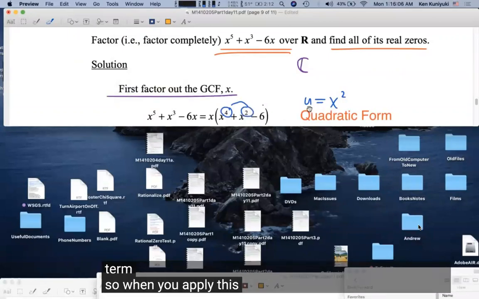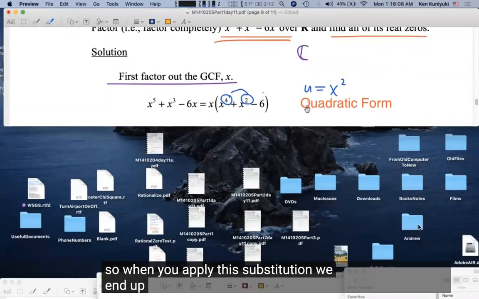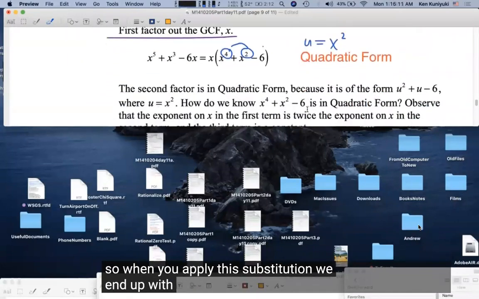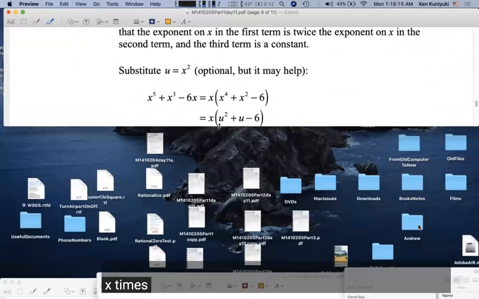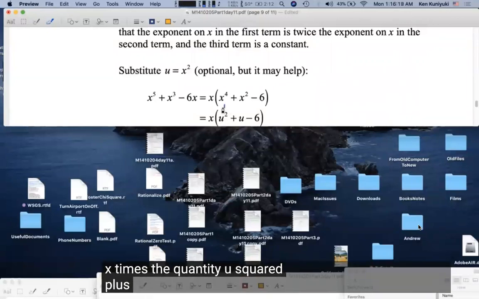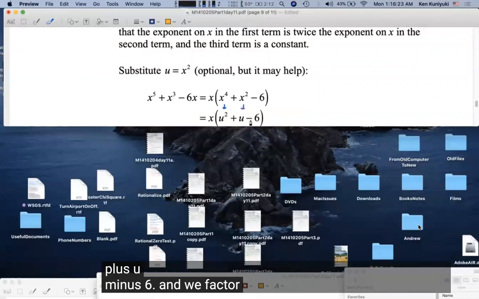So when you apply the substitution, we end up with x times the quantity u squared plus u minus 6. And we factor this cutie in u.